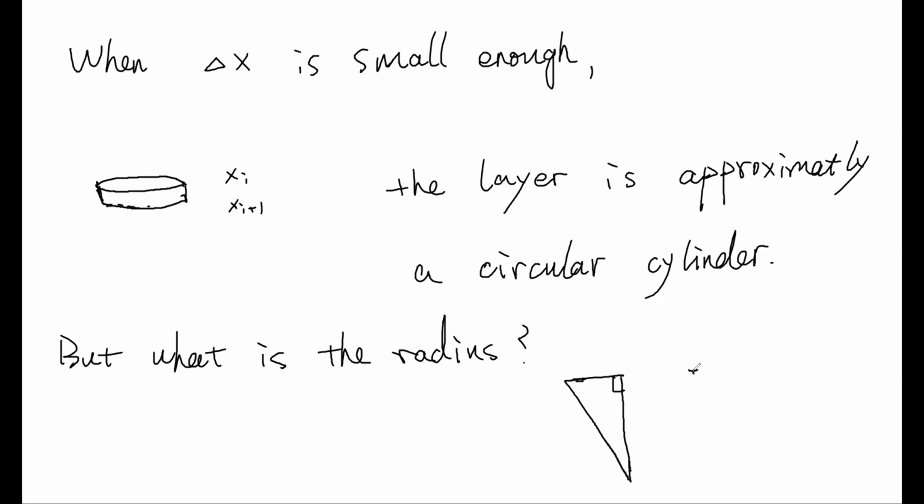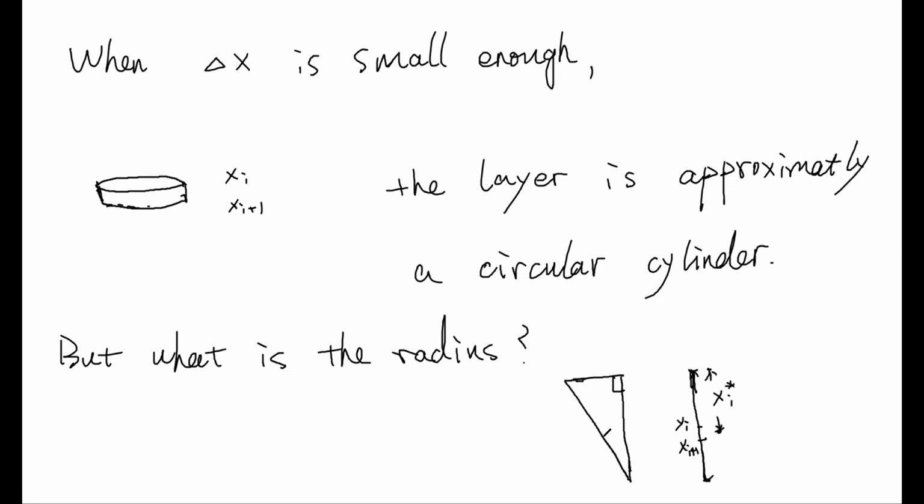And then for the ith layer, this is still the interval we are considering. For the ith layer, xi plus 1, xi, where we choose the sample points to be xi star.